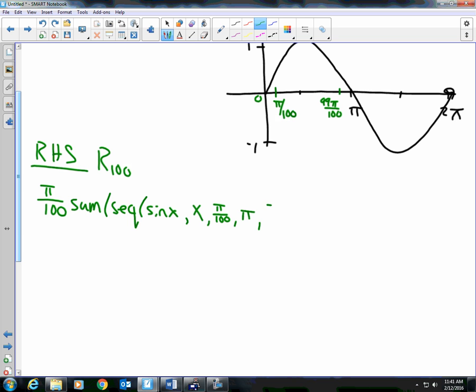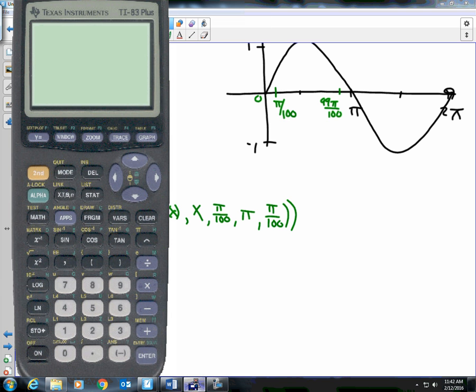Pi over 100. Your calculator is going to want to put a parenthesis around x. That's just what it does. I'm just going to make sure I write it down correctly, and then I'm going to go to my calculator and type this in.